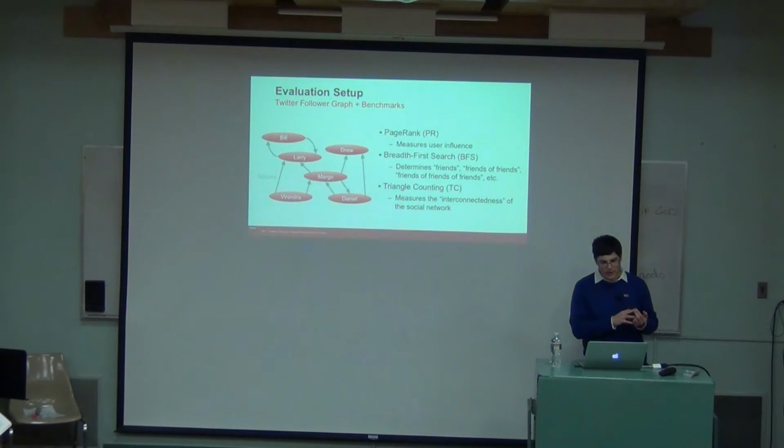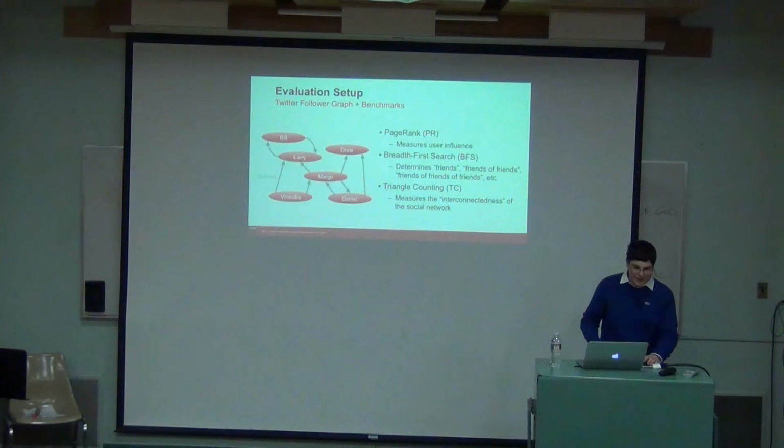Breadth-first search is a building block of many algorithms. In a social network, it determines your friends, friends of friends, and friends of friends of friends. Then triangle counting is a building block of many other algorithms, a lot of importance and centrality metrics, but by itself it measures how well the network is interconnected.